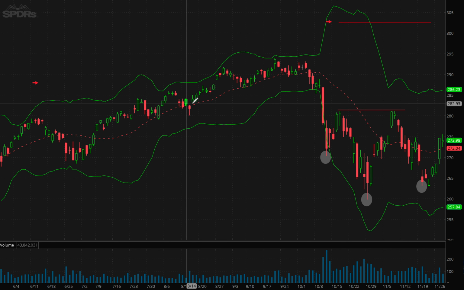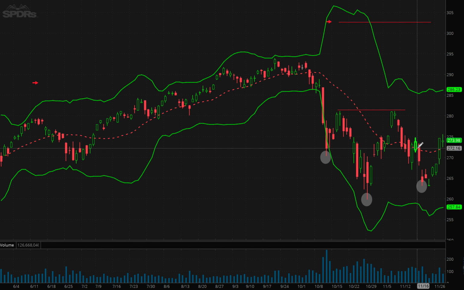Price traded along that 20 MA, and then it dropped below it and stayed below it, then hovered around here, and finally broke free, going back and forth, really trying to decide if it's going to be able to trade above or below the 20 MA. But now look what happened today, today being the 29th of November.